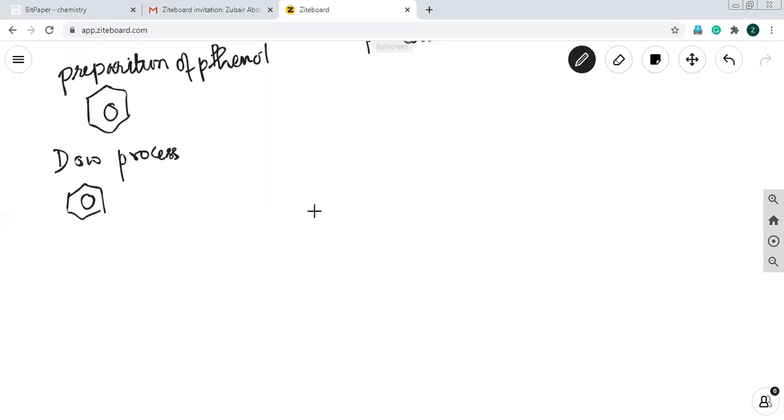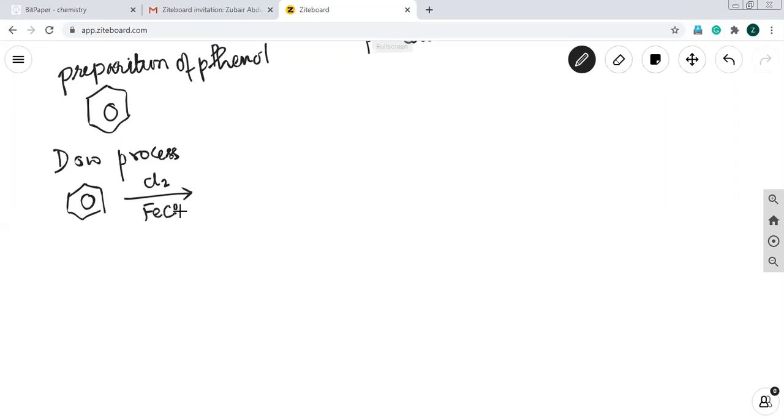Direct conversion is not very easy. So what people do is an easier reaction: they treat benzene with chlorine in the presence of FeCl3.